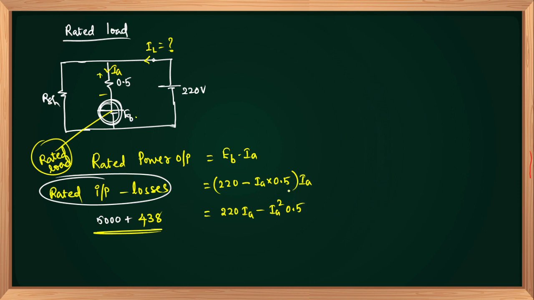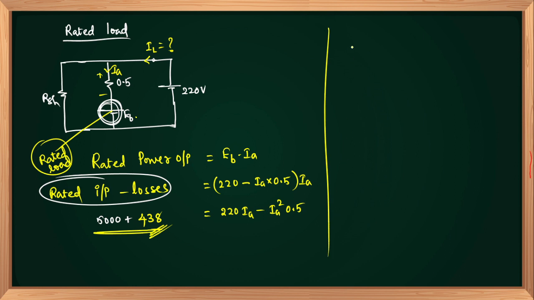So what they assumed is 5000 watts as the output power, and the power produced at this armature during rated load is equated to 5000 plus the constant losses, because while rotating at rated load also these losses will happen. This much power you need to supply, so 5438.